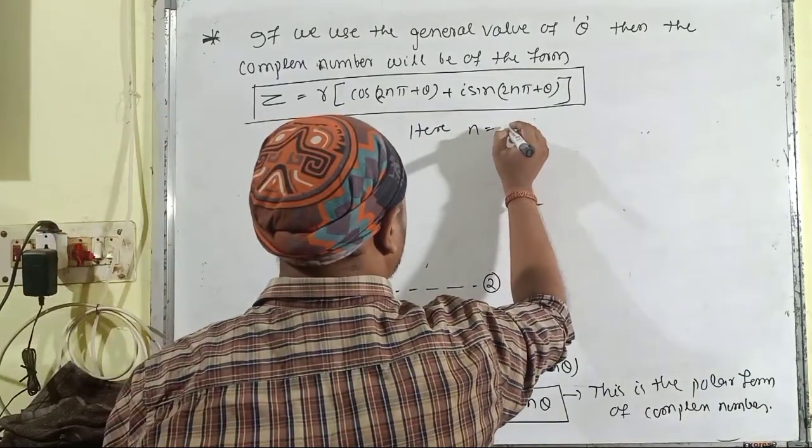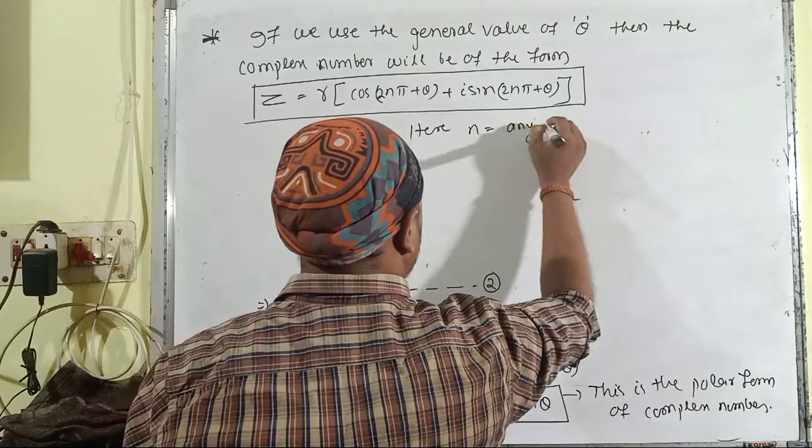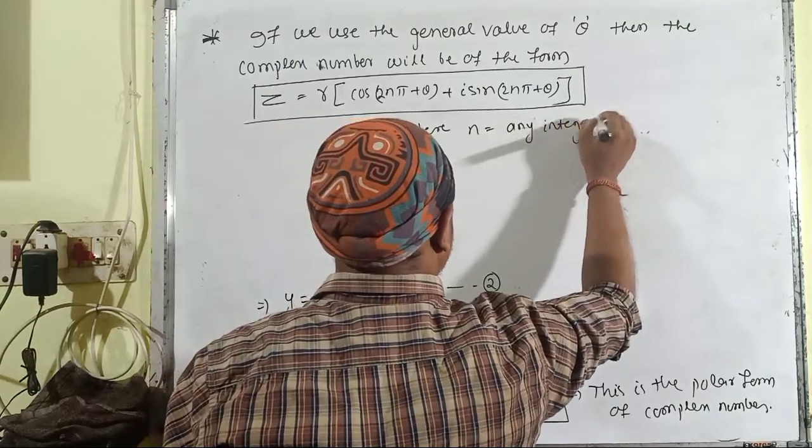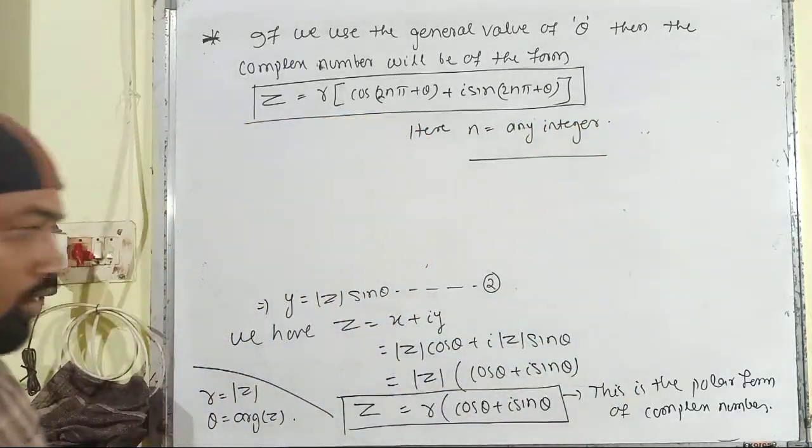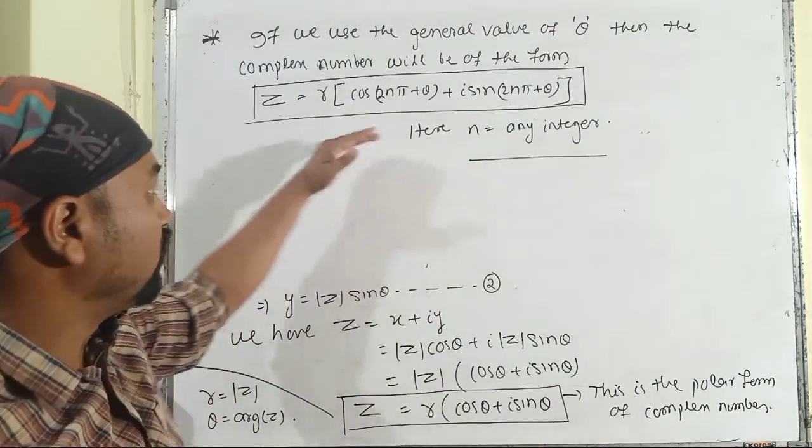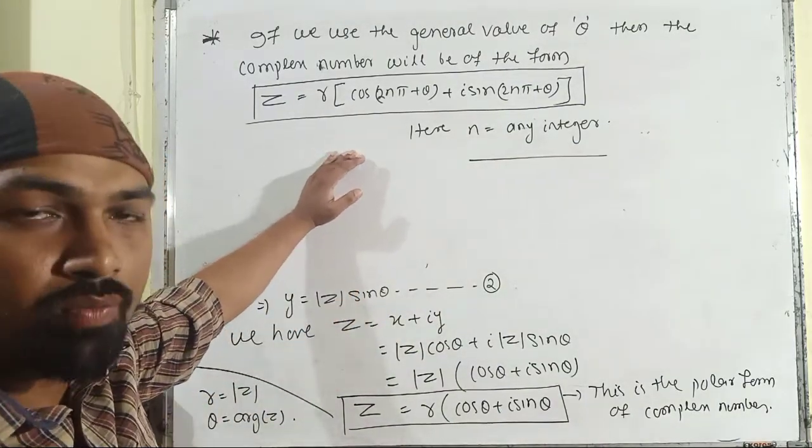Here n is any integer. So by this part we have completed the polar form of a complex number.